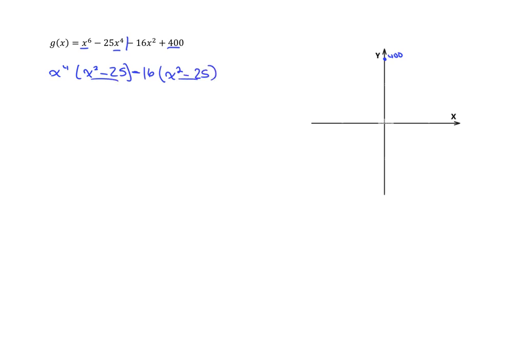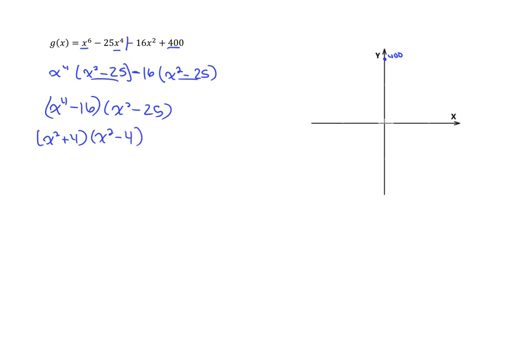Remember, we do it right if our parentheses have the same factor. So I have x to the 4th minus 16, times x squared minus 25. Well, x to the 4th minus 16 is a difference of squares, so x squared plus 4, x squared minus 4.